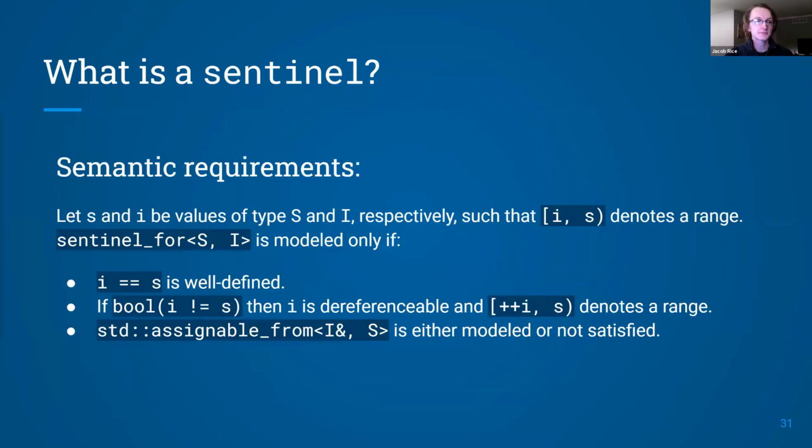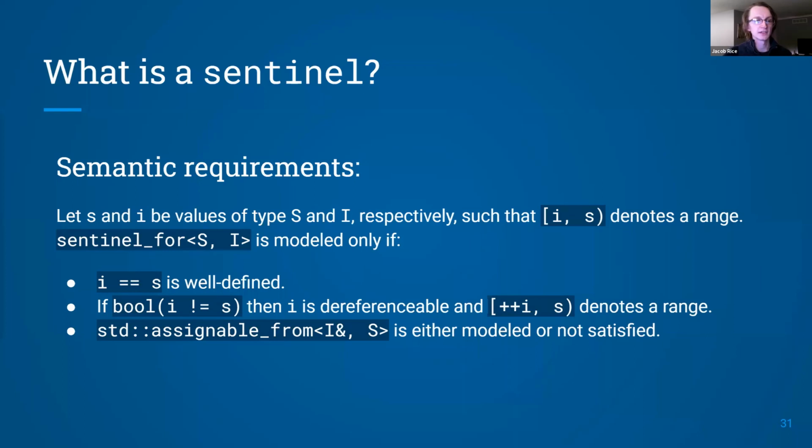So the semantic requirements, this is what cppreference gives us. The second point is the interesting one in defining a sentinel. If I is not equal to S, if an iterator is not equal to a sentinel, then I is dereferenceable, and if you increment it, it's still part of a range, okay?